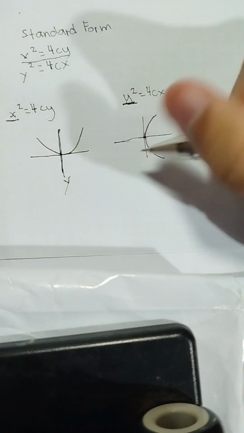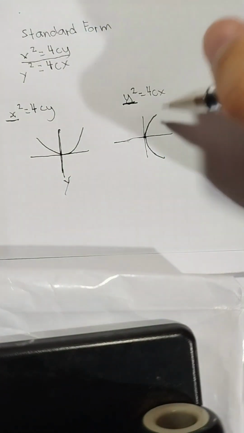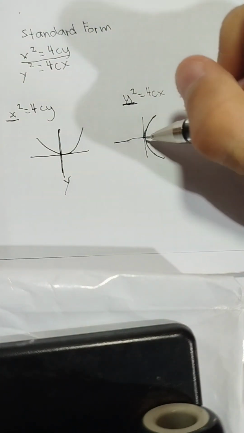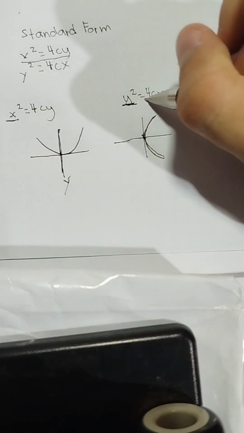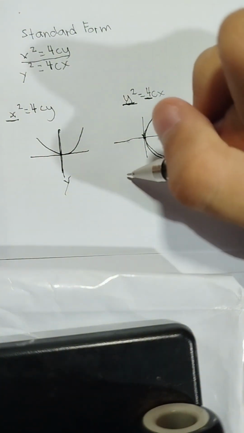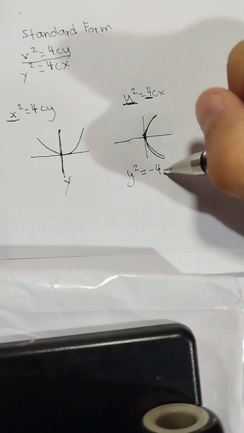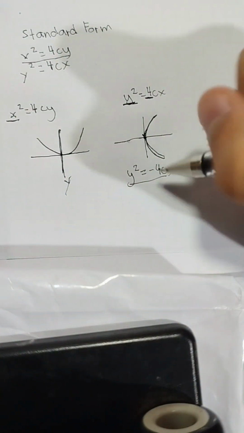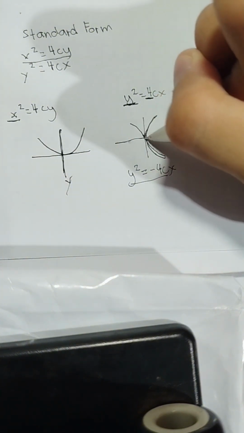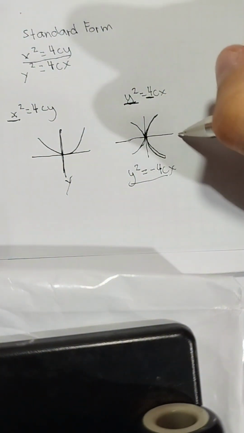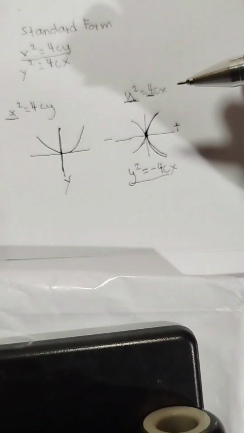First, it all depends on whether the parabola opens on the right or left. So if y squared equals negative 4cx, the parabola will open towards the left, since as we all know this side is the positive and this side is the negative.